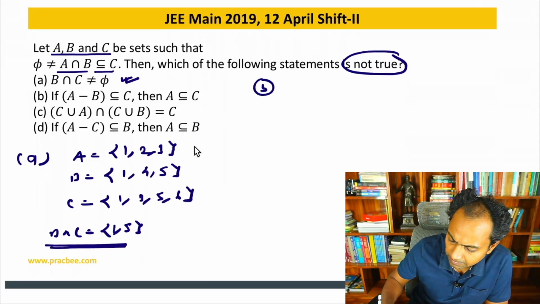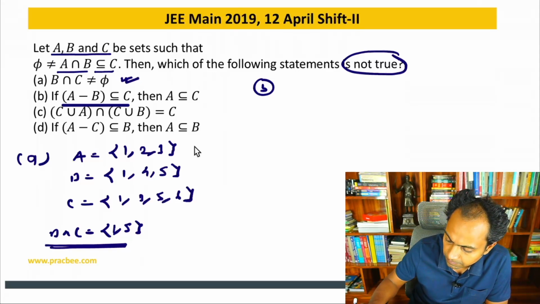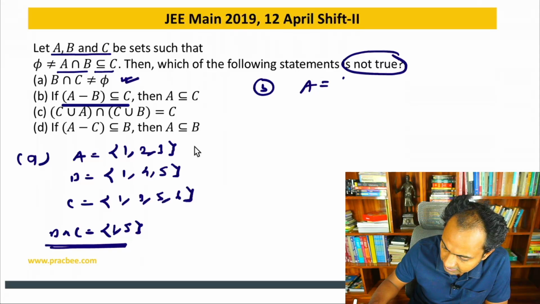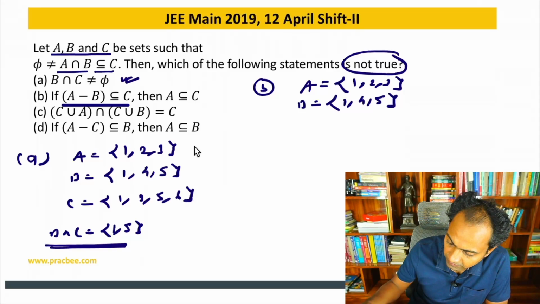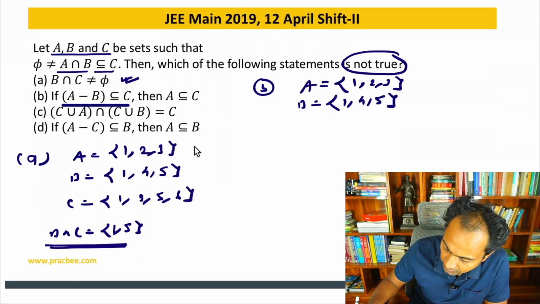Consider another example. A minus B is a subset of C. So, let us write A as 1, 2, 3, which is fine. B was also fine, 1, 4, 5. And it is still satisfying the condition given in the question. So, what we are seeing in the next part is A minus B. A minus B, if you do, would be nothing but 2, 3.